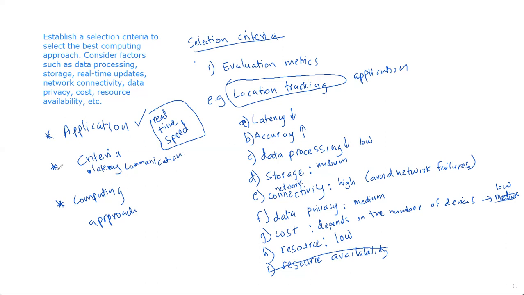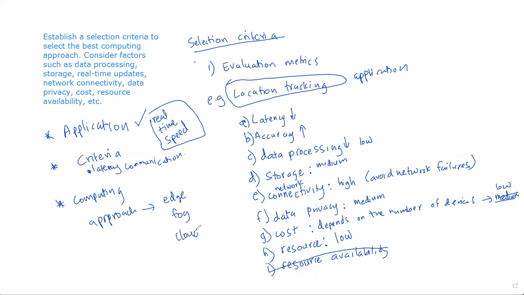Okay. So then you just decide the criteria, what you need as factors in order to maintain your performance. After that, based on the factors and the amount of latency you need, for example, you decide the computing approach you select for your application. So it can be edge, or it could be fog, or it could be cloud.